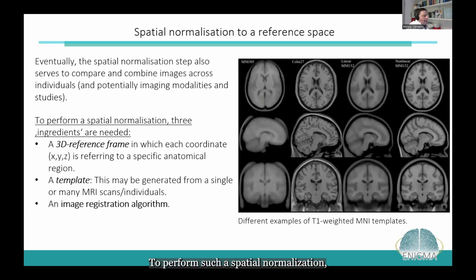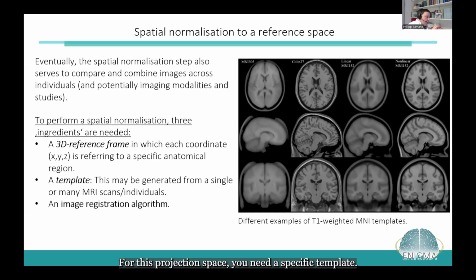To perform such a spatial normalization, you basically need 3 ingredients. So first, you have to make a definition of a 3D reference frame in which each coordinate is referring to a specific anatomical region. It's a kind of artificial brain that doesn't exist in an individual, but that is a kind of projection space.